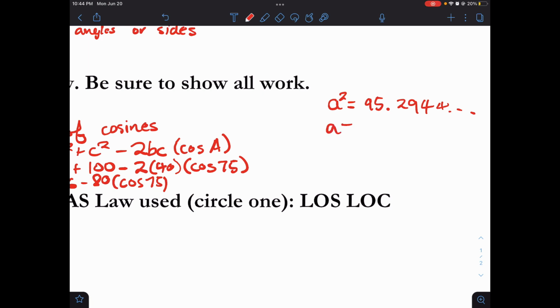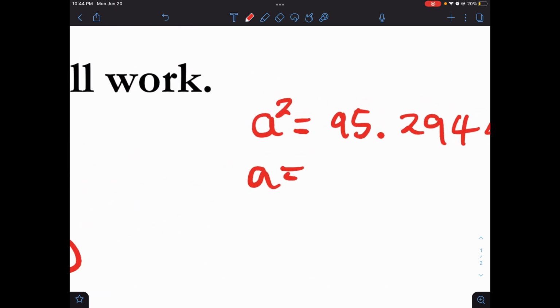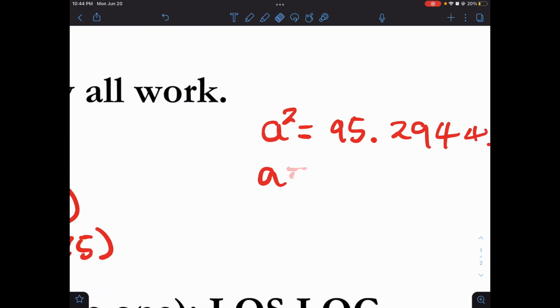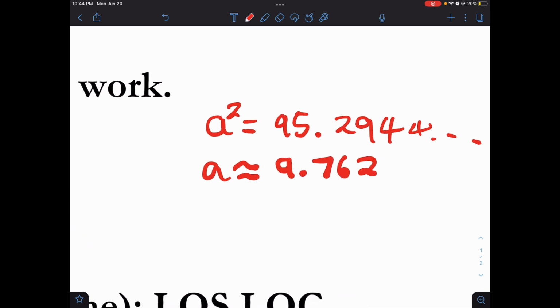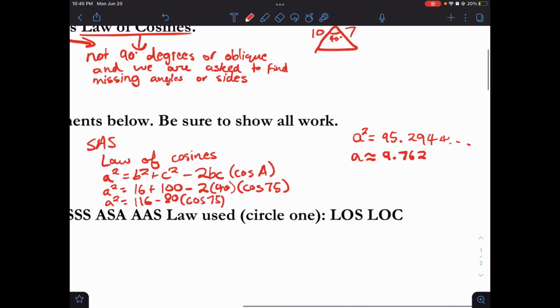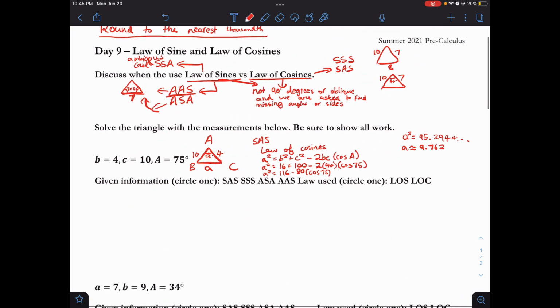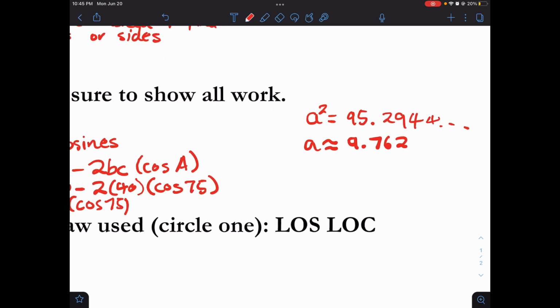Now I'm going to take the square root, and the square root of my answer gives me approximately, and we have to round to the thousandths because it said so in the description, 9.762. And that's our side a.